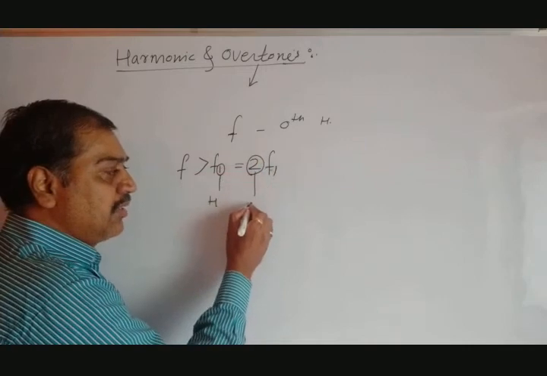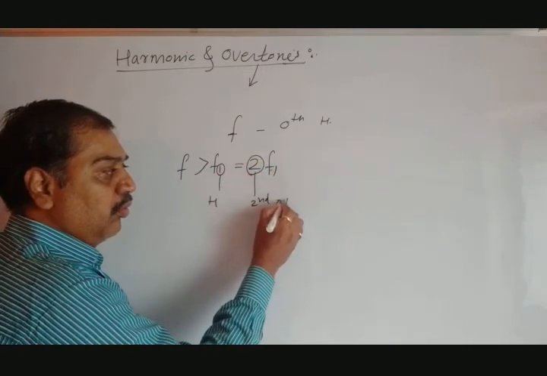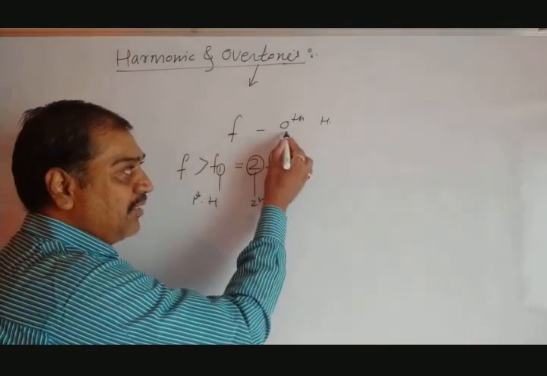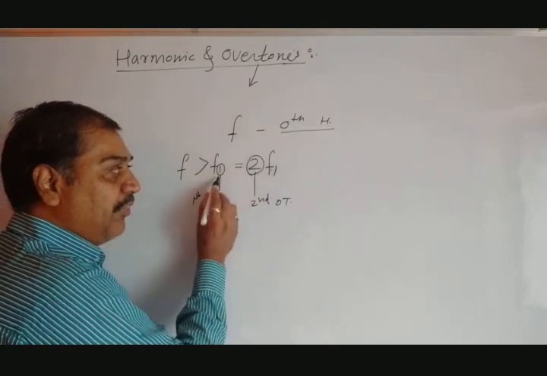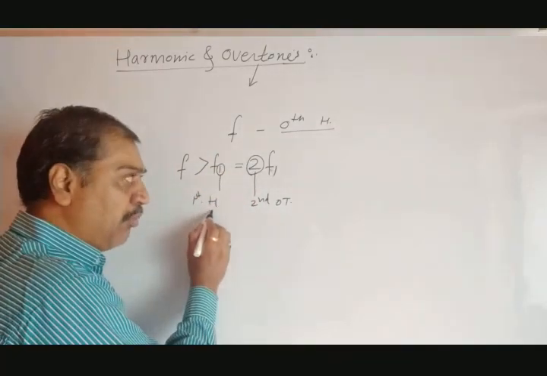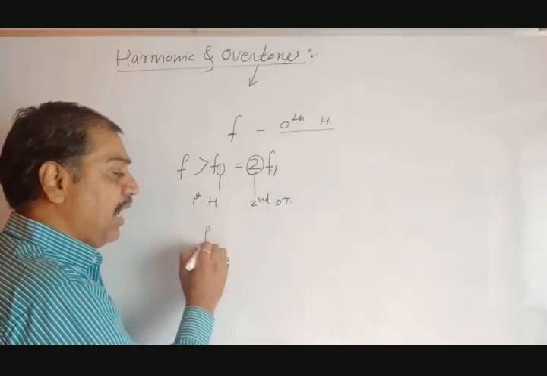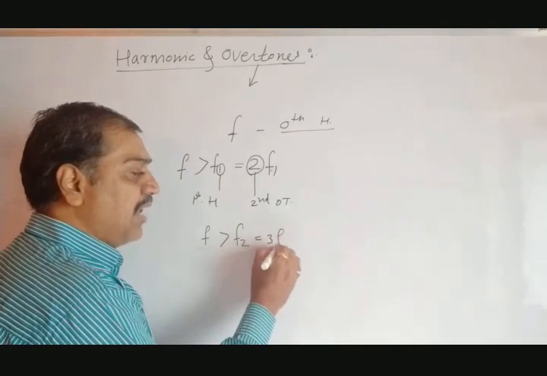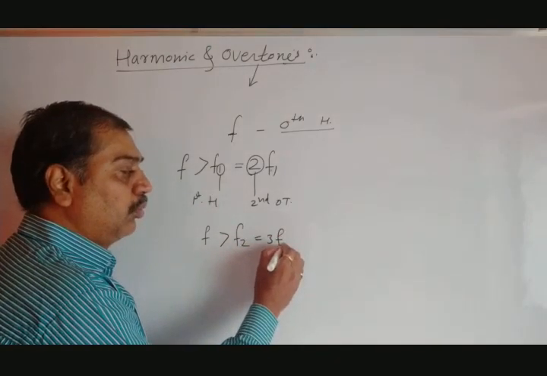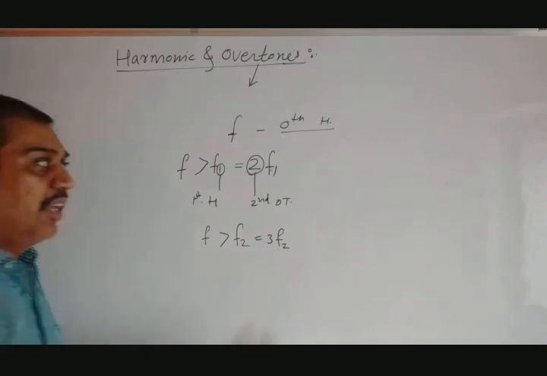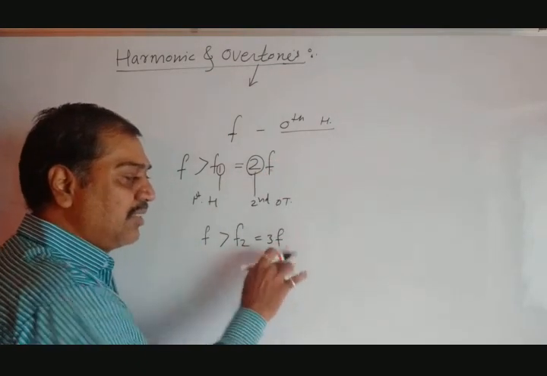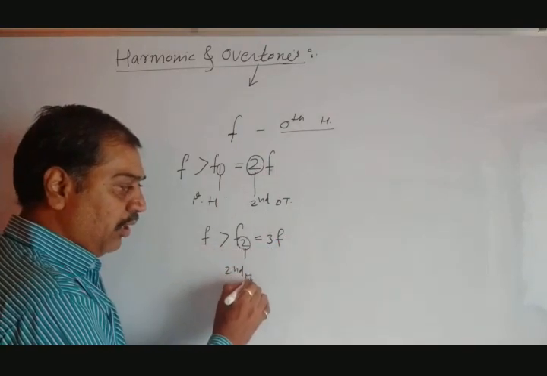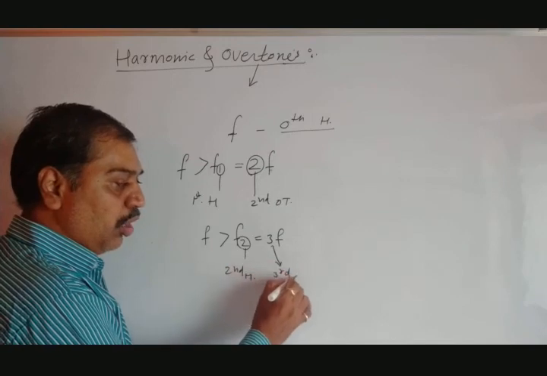This is said to be the second overtone. First harmonic, second overtone. The fundamental frequency is the zeroth harmonic. The first higher frequency than the fundamental is said to be the first harmonic, second overtone. Similarly, another frequency F2 greater than F, if it is equal to thrice F, in that case this is said to be the second harmonic and third overtone.